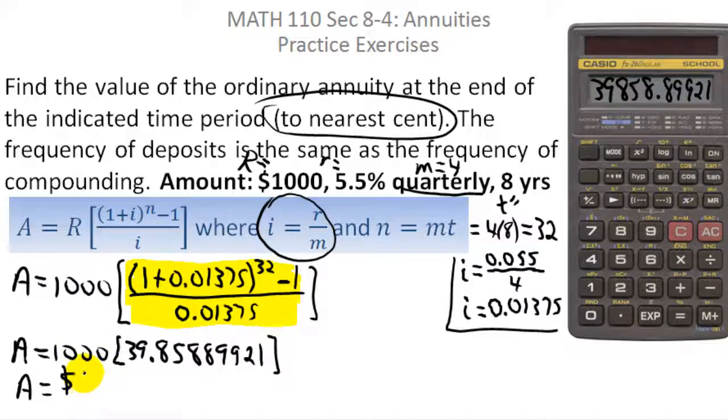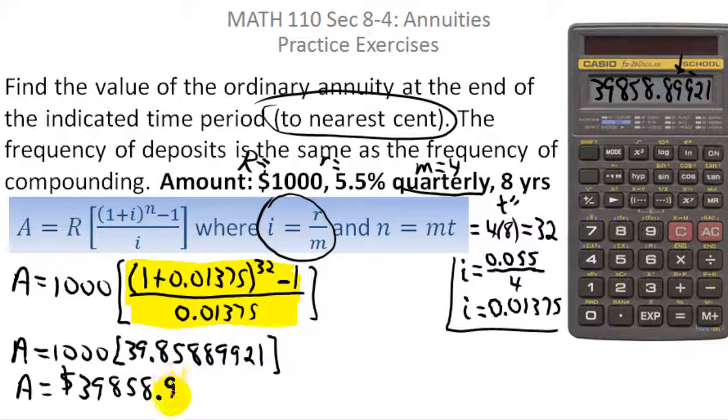So that would be $39,858, and this 9 after the first 9 is the cents place. The digit following that is also a 9, which rounds the 89 up to 90.